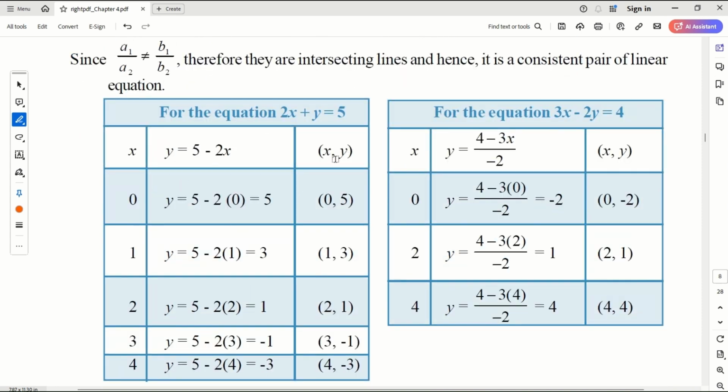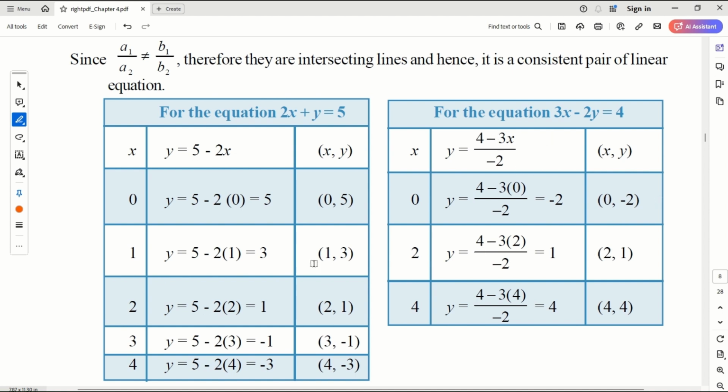So you draw the graph the same way. We know how to draw the graph. You need 2 points, so make 2 points from the given equation. Here y equal to 5 minus 2x, that's what is written. Here y equal to 3x minus 4 by 2, or 4 minus 3x by minus 2, both are the same. Basically a negative term you can take to the numerator.